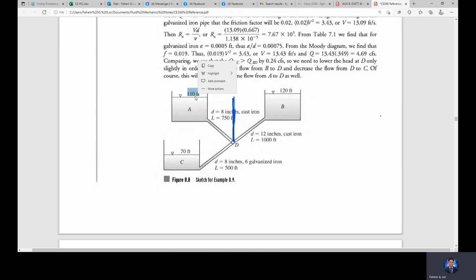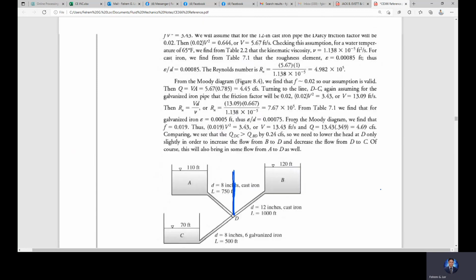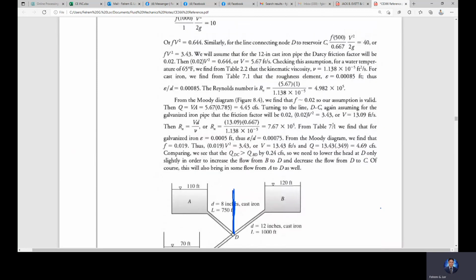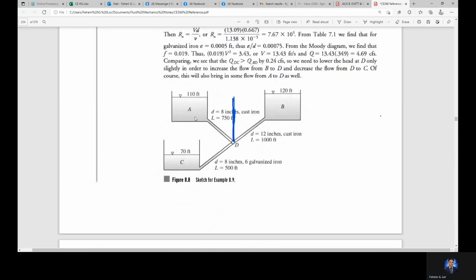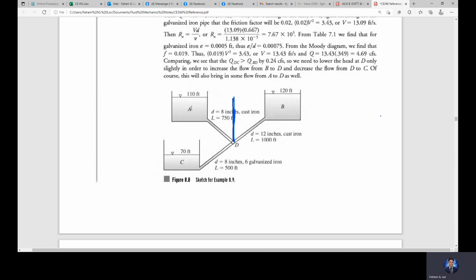It should not be equal to 110 feet. Since the elevation head at D is lower than 110, the water is flowing from point A to D. Actually mao na purpose why we had this checking, in order to know the direction. So the direction is from point A to point D.